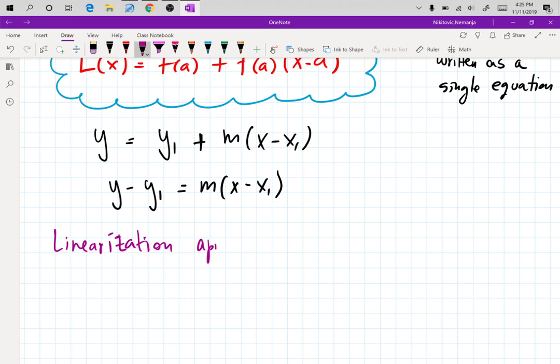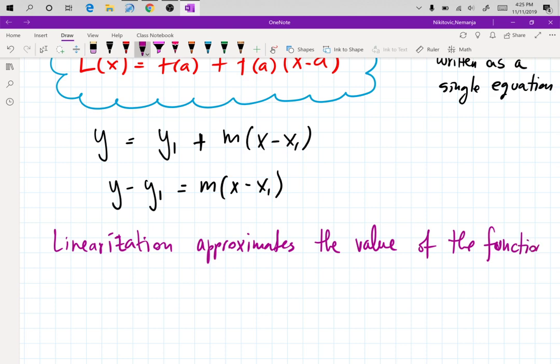Linearization approximates the value of the function. As opposed to differential, which is the second part of this, which will approximate the change.